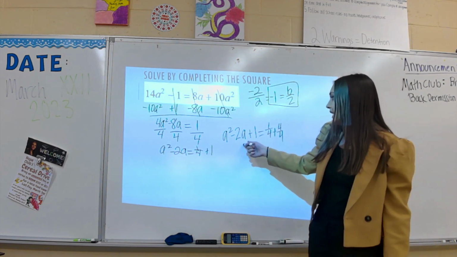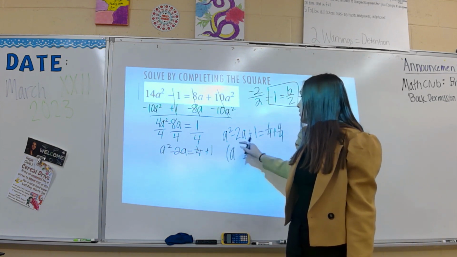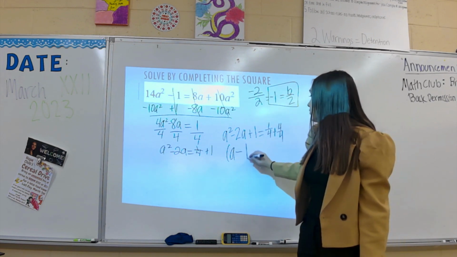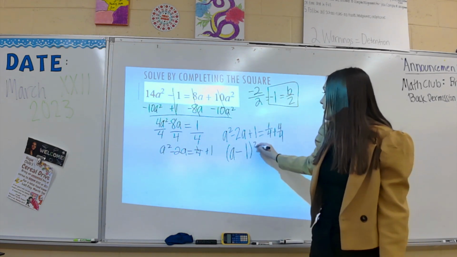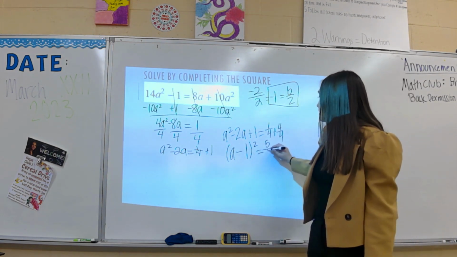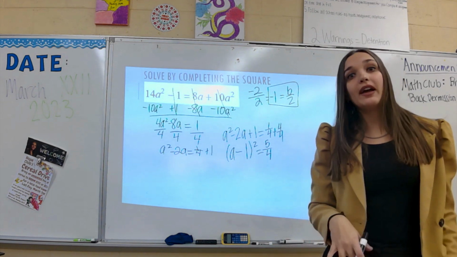I know on my left-hand side, that is going to become my variable. We have a minus here, so minus our b over 2, which is the -1 squared, equals, add these together, this becomes 5/4. So I have a minus 1 squared equals 5/4.